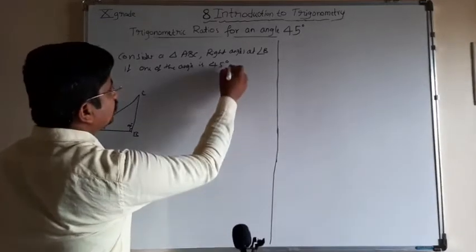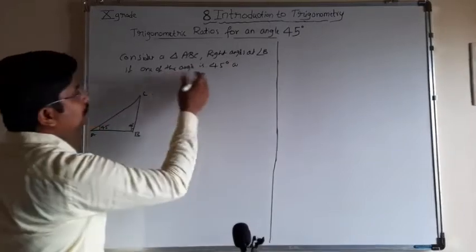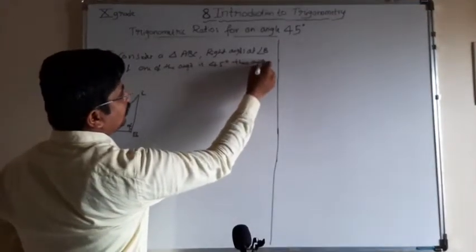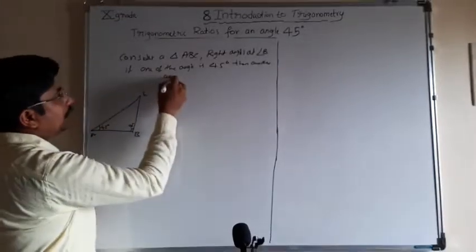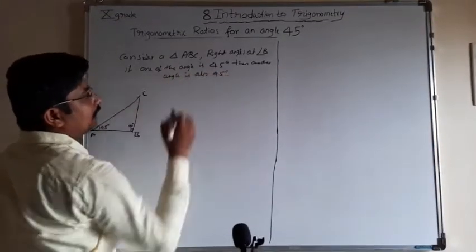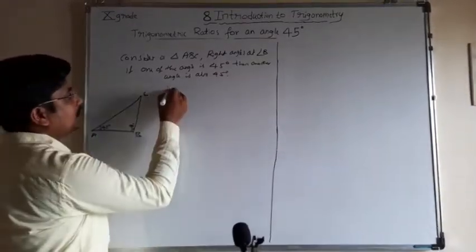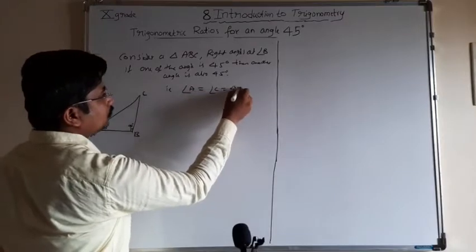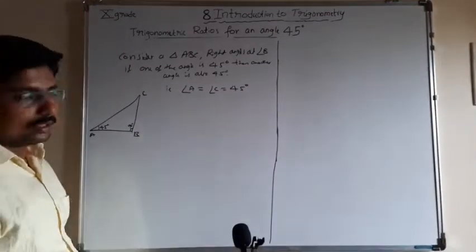So if one of the angles is 45 degree, the other angle is also 45 degree. That is, angle A is equal to angle C is equal to 45 degree.